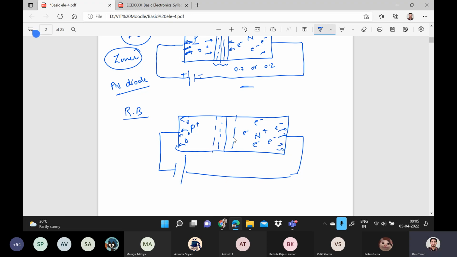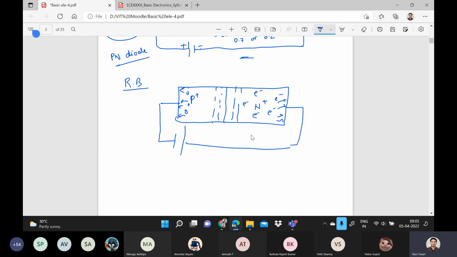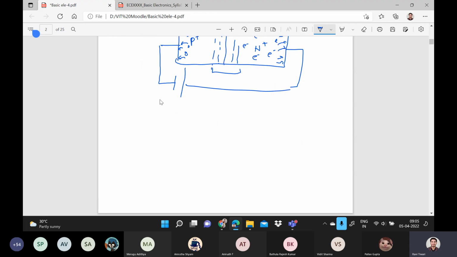Because of this, the width of the junction will increase and there will be less chance that the carriers will jump across the junction. This is the case when the voltage that we applied is around, suppose, 3 volt, 4 volt. So you will see very little current.